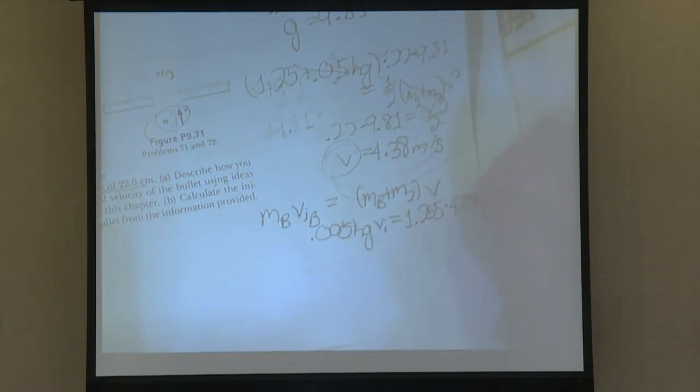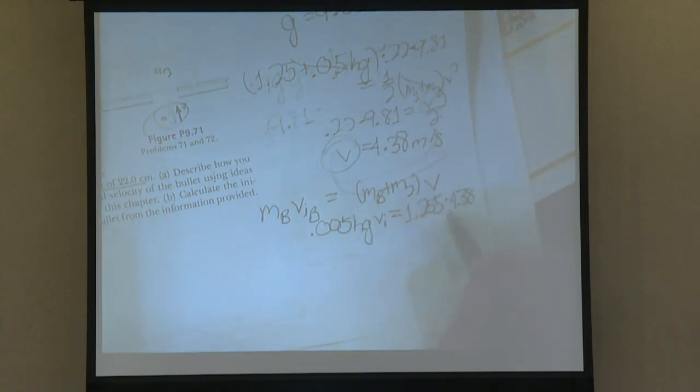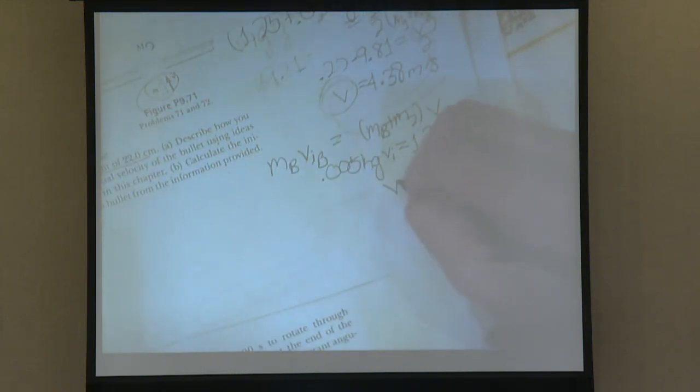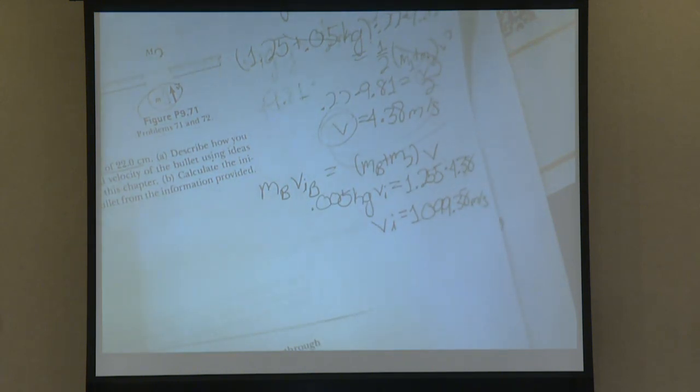In the original case, the only thing moving was the bullet, with this initial velocity. But in the end, they're both moving at this velocity, and this is their combined mass. When you solve for VI, you get that it was moving at 1,099.38 meters per second, which is fast, but that's how fast a bullet would move.